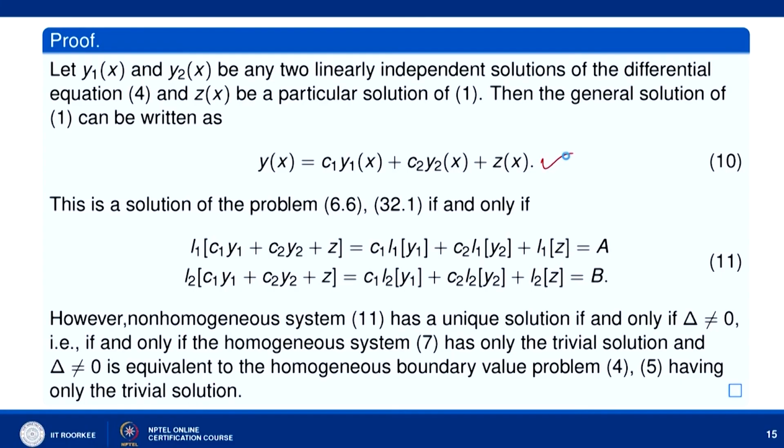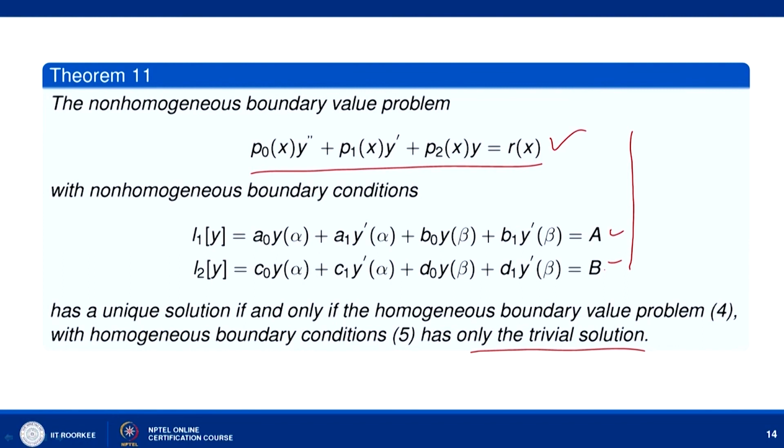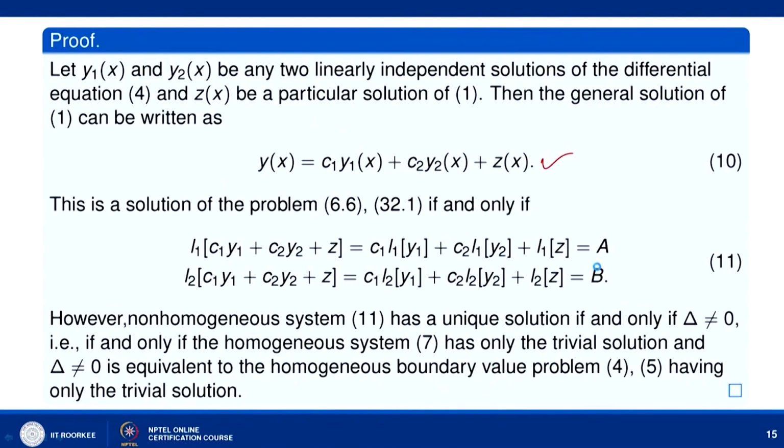This is a general solution along with the boundary conditions. Now since it satisfies the boundary conditions, we write L1 of (c1 y1 + c2 y2 + z) = a, and L2 of (c1 y1 + c2 y2 + z) = b, because y is a general solution of the non-homogeneous boundary value problem.